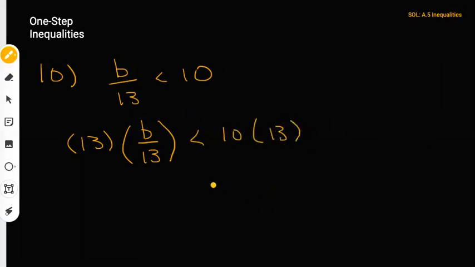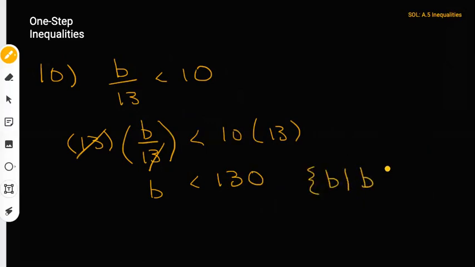So I multiply by 13 on the left side and the right side. They cancel out on the left side, leaving me with a b, a less than symbol, and then 10 times 13 on the right side is going to give me 130. So b has to be less than 130.